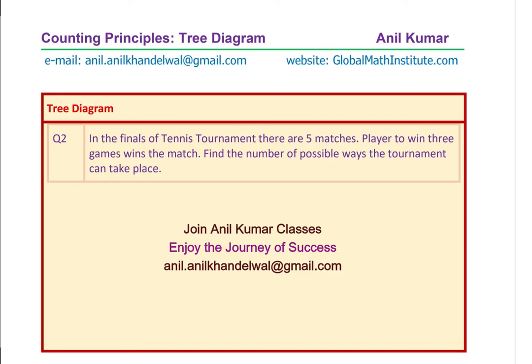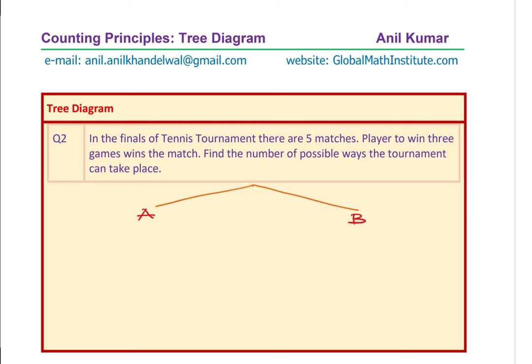As you can see, it is a very simple approach. So let's begin by, in the first round, A can win or B can win, just as we did earlier. And then again, we can extend this, right? A or B.